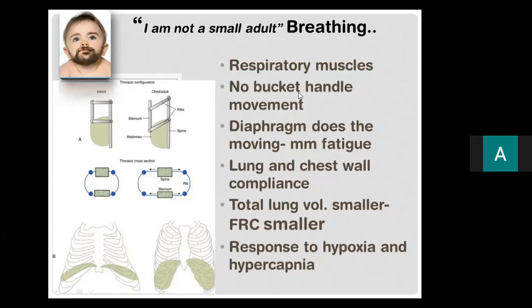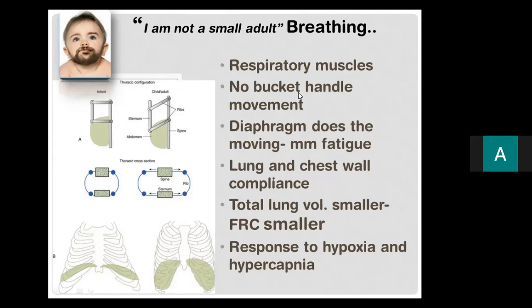So for them, you give and give air until they just burst because they're so compliant. The downside to this is any pressure exerted on them is going to easily compress or distend and cause barotrauma.